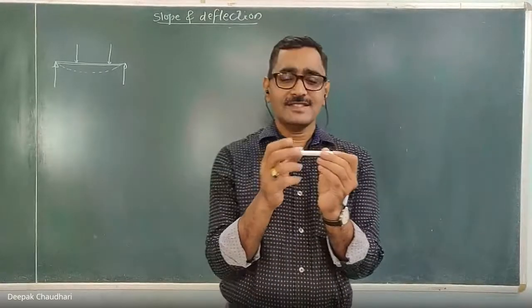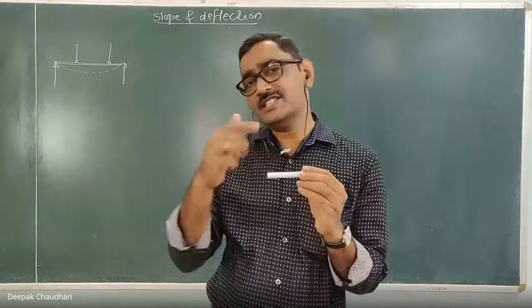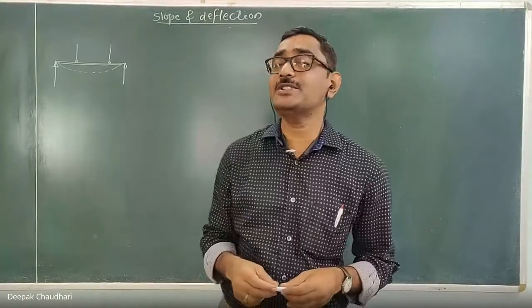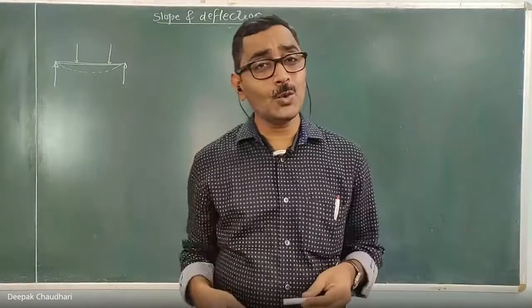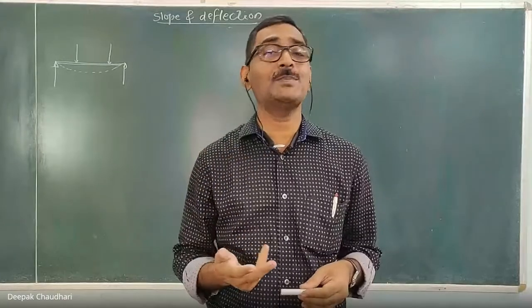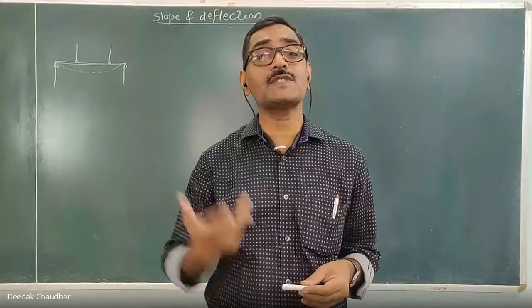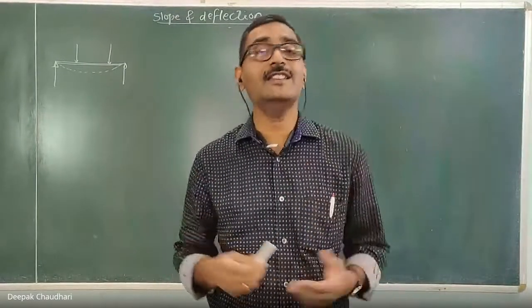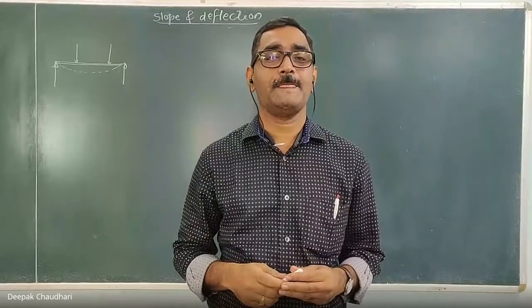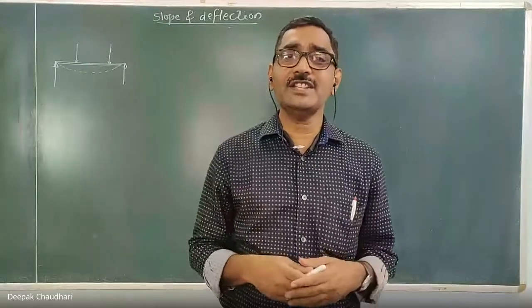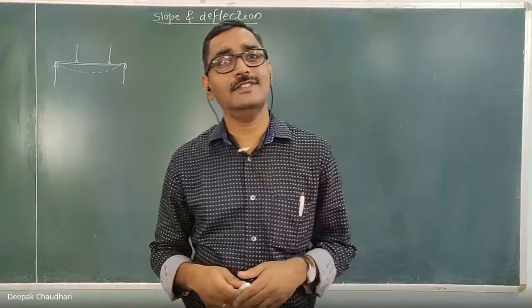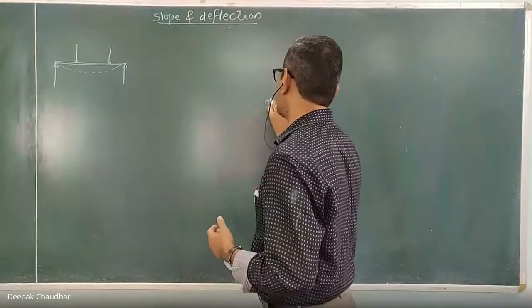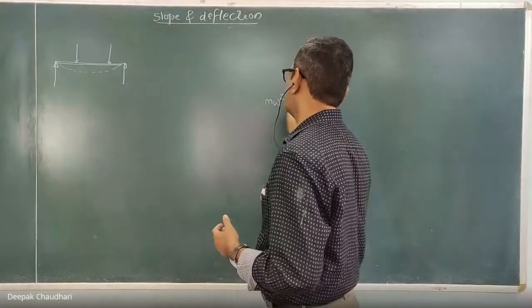And when such a shaft deflects, and the shaft is a rotating element of the machine, when such a deflected shaft rotates at a higher speed, because of the centrifugal force, the deflection is again increased. And when the deflection increases, the centrifugal force increases again, because the centrifugal force is m omega square r.